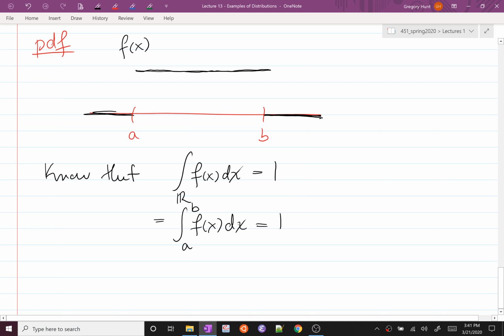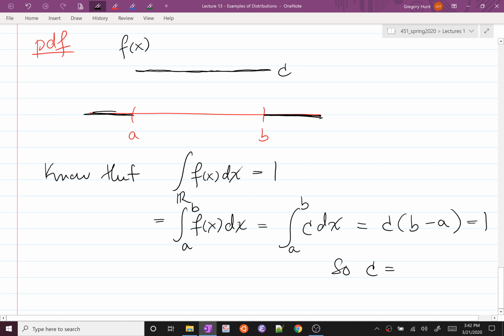If I know that f of x has to be constant, I'm integrating some constant value c from a to b, and this just comes out to be c times b minus a, and that has to be equal to 1, so we know that c has to be equal to 1 over b minus a. So the value here I can write as c equals 1 over b minus a.